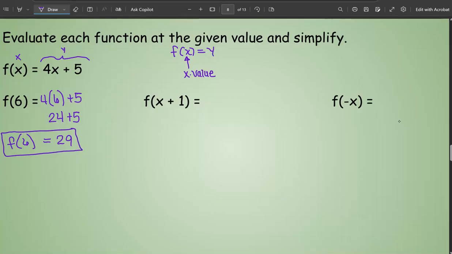Here I'm going to replace x with x plus 1, so 4 times x plus 1, plus 5. I'm going to distribute the 4 and combine like terms.